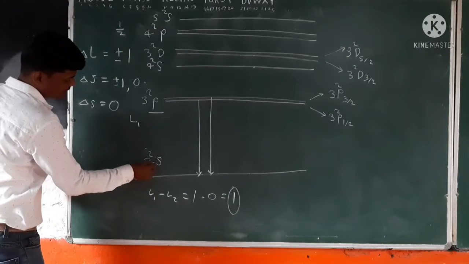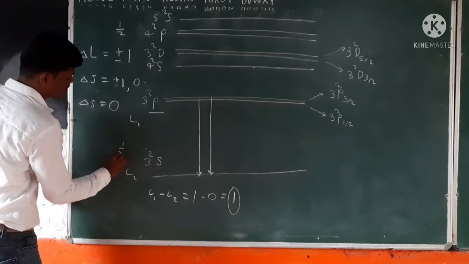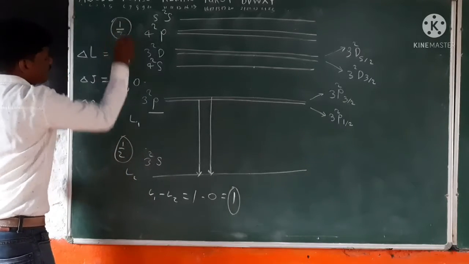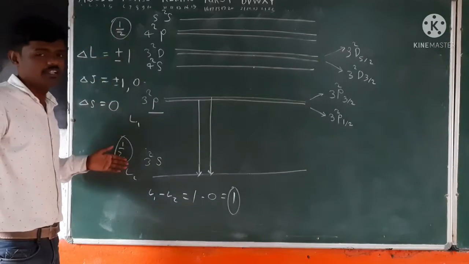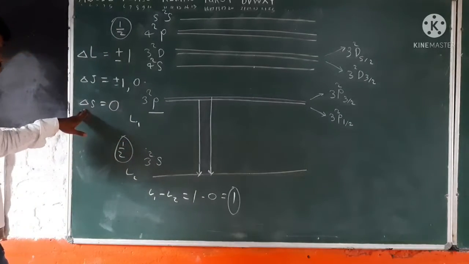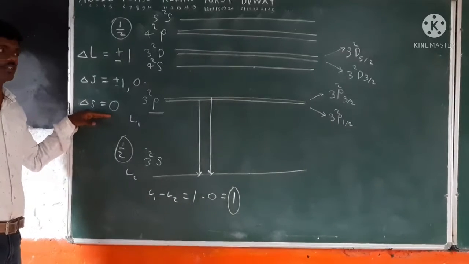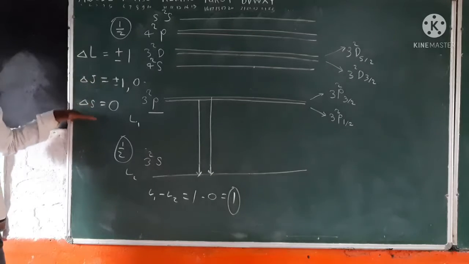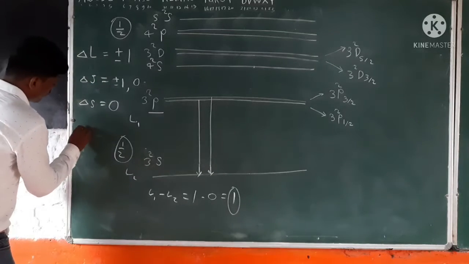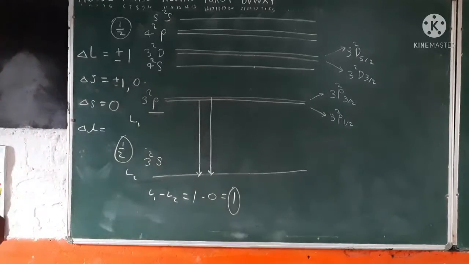In the final state, the S value is also half. What is their difference? 0. So we can say these types of transitions are allowed, because they follow delta S equal to 0, this selection rule. Similarly, L, J and S, these are the main selection rules. Similarly, for small quantum numbers, we have selection rules.